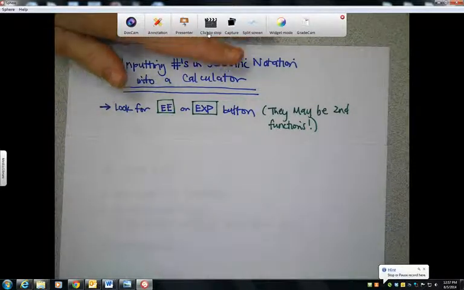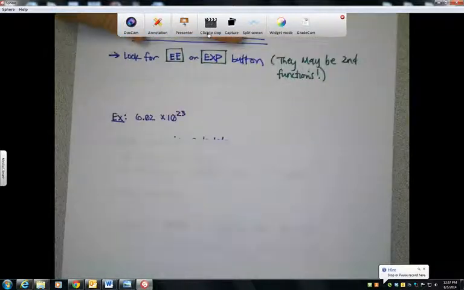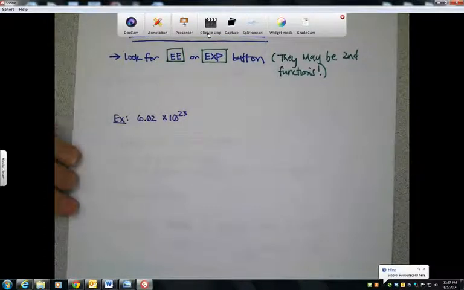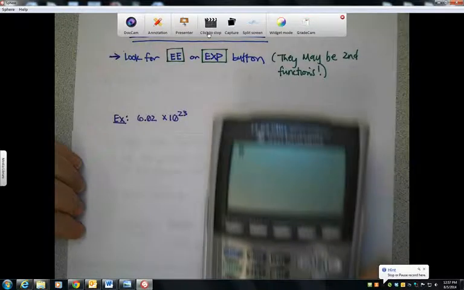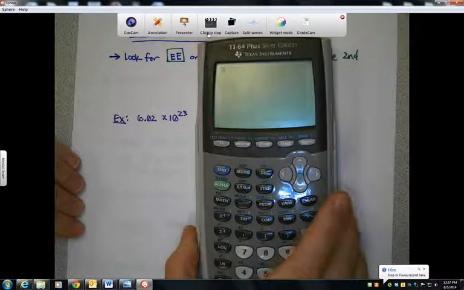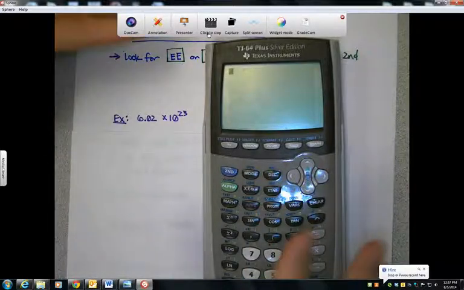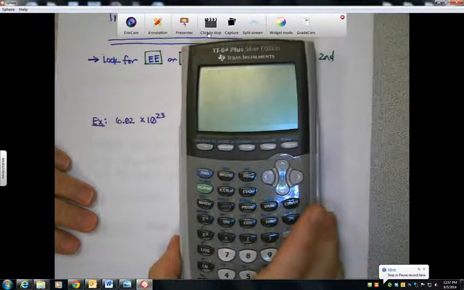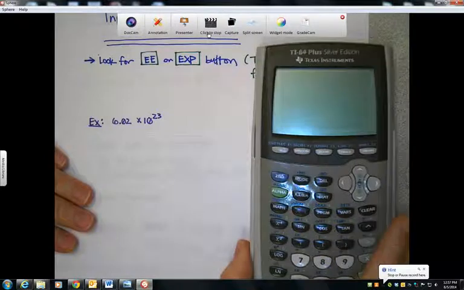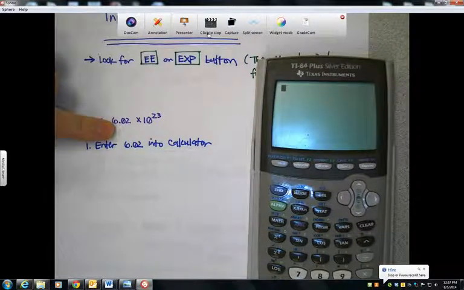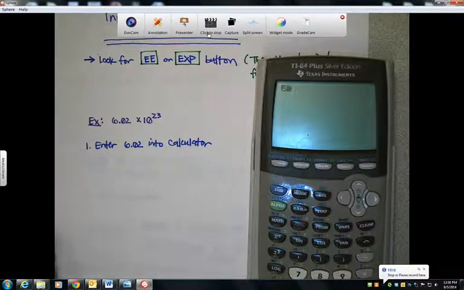Okay. So let's say we want to enter this number, 6.022 times 10 to the 23rd, into our calculator in scientific notation. I'm going to use my TI-84 to do this. I'll do it first, and then I'll walk you through the steps. The first thing you want to do is enter the first part of the number into your calculator, so 6.02.